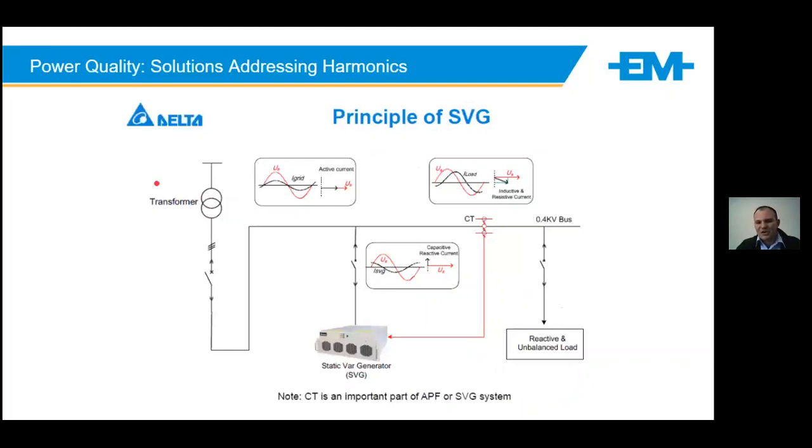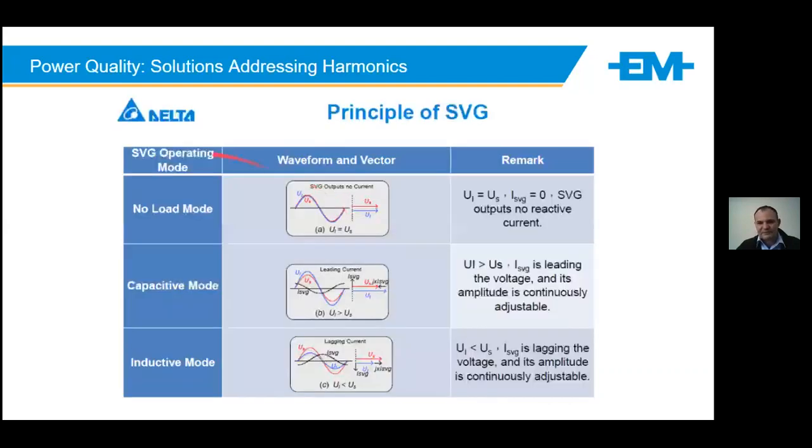A static VAR generator does not do harmonic compensation, but in real time, less than 10 milliseconds, it can be generating the reactive power required to be capacitive to do the correction. It does leading and lagging correction. So under no load, where the measured is equal, no reactive current.